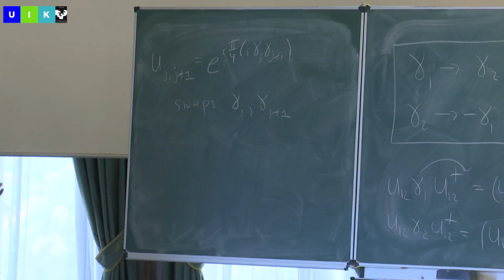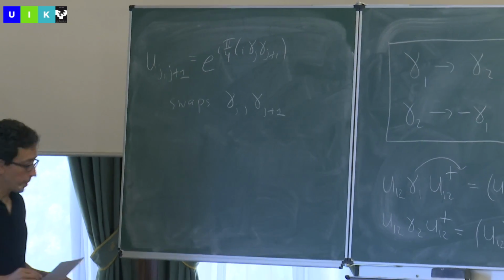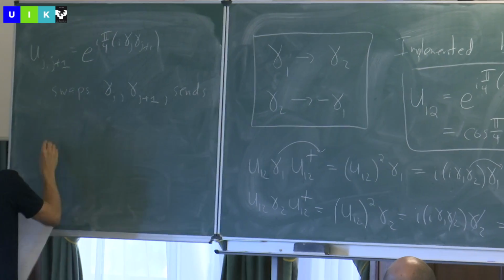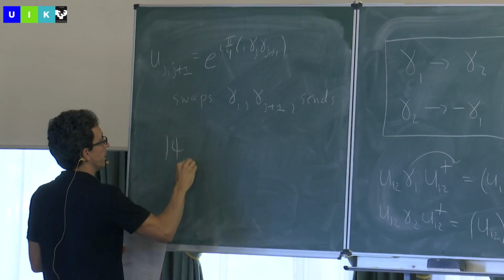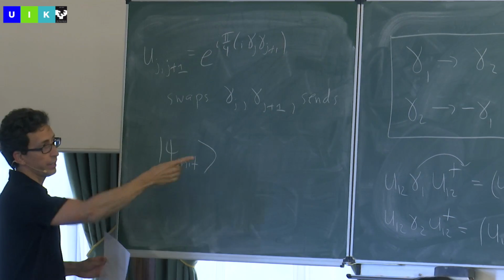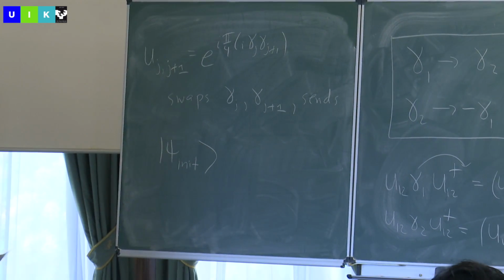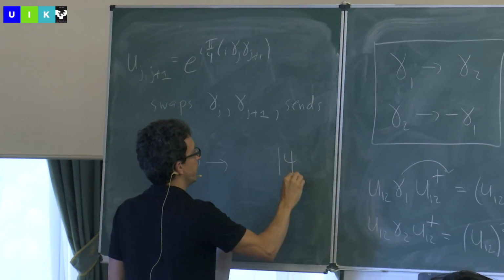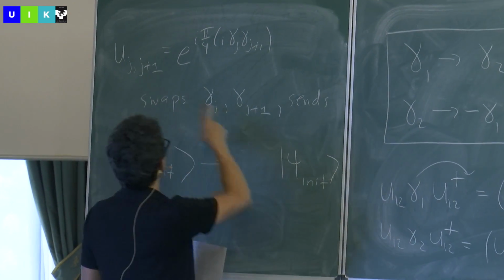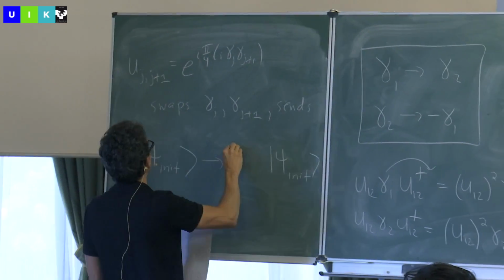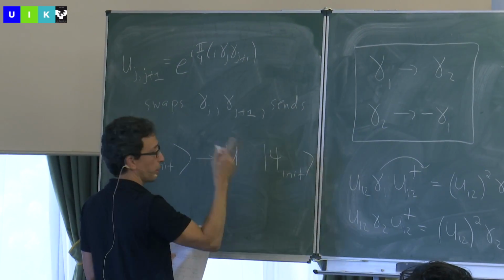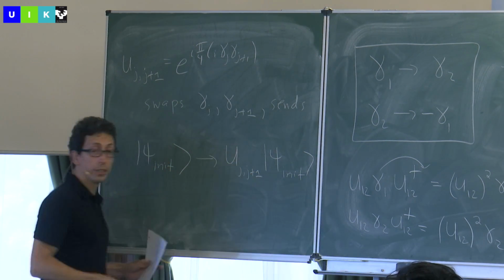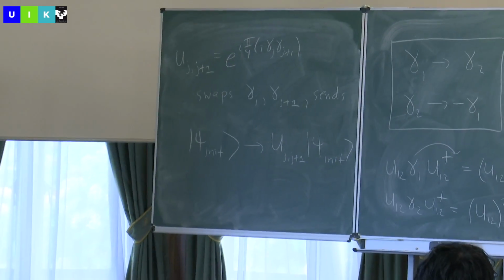And if you swap gamma j with gamma j plus 1, then if you start from some arbitrary initial state in your ground state manifold, that state will undergo a change that's specified by that operator. So in particular, some arbitrary initial ground state will go to U_{j,j+1} acting on that arbitrary initial ground state.